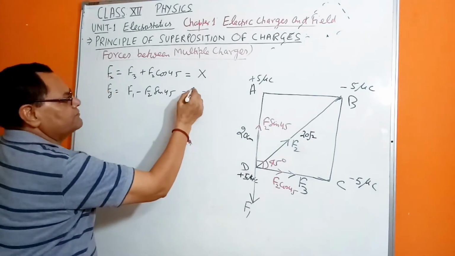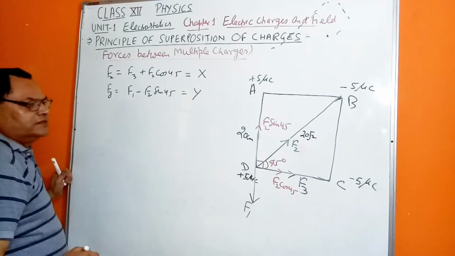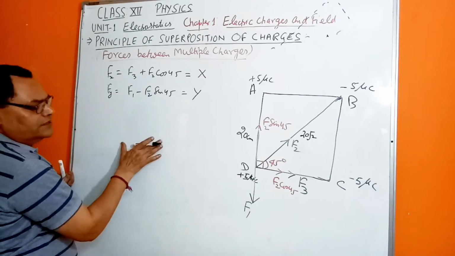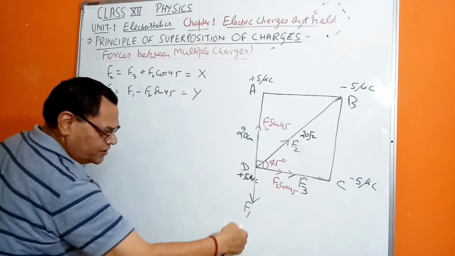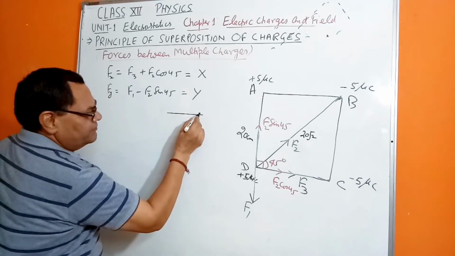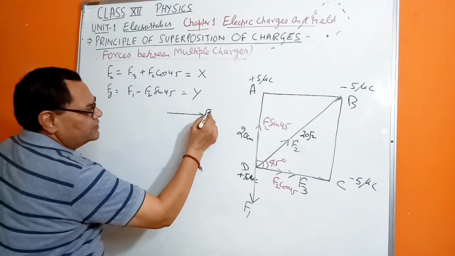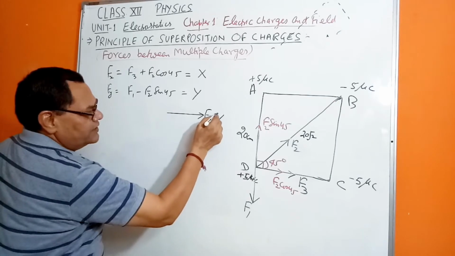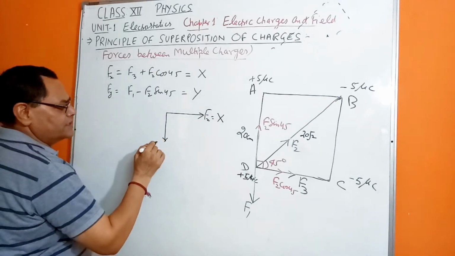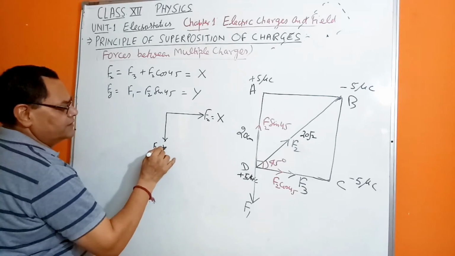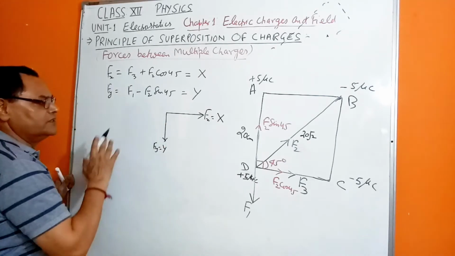Immaterial, but you will get some value, say Y. Clear? So the overall picture is that the total force along the x-axis is coming as X, and the other force along this axis is Fy, which is nothing but capital Y. Now we have to find the resultant.